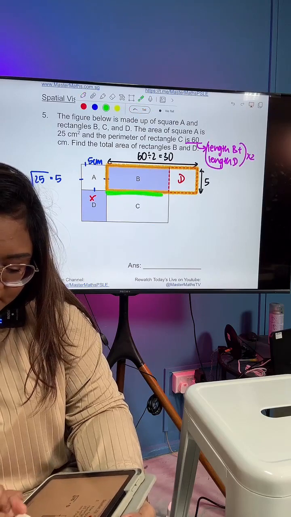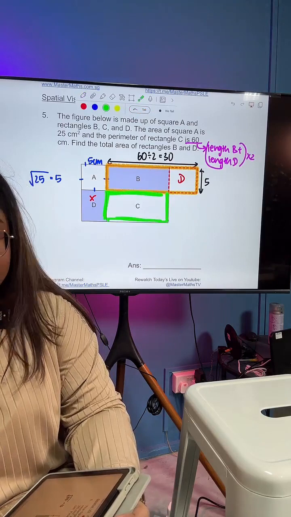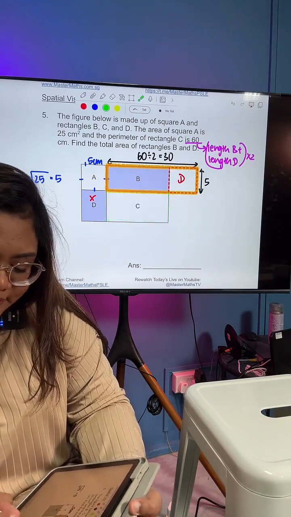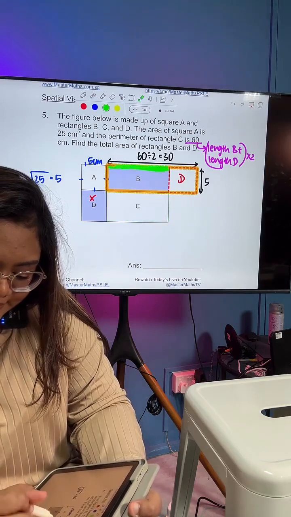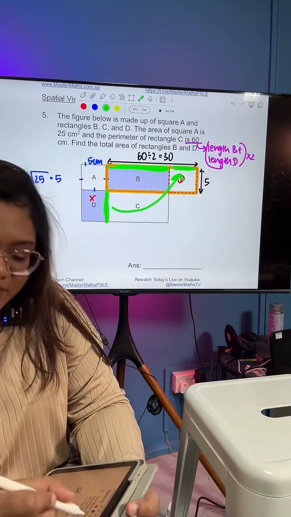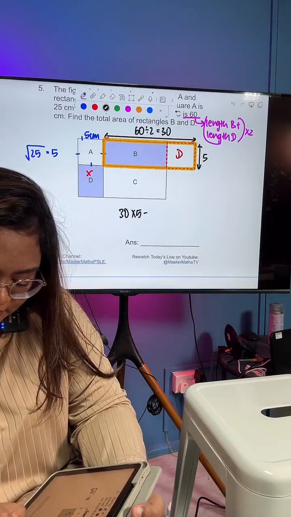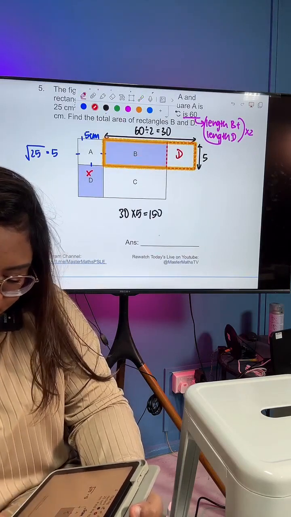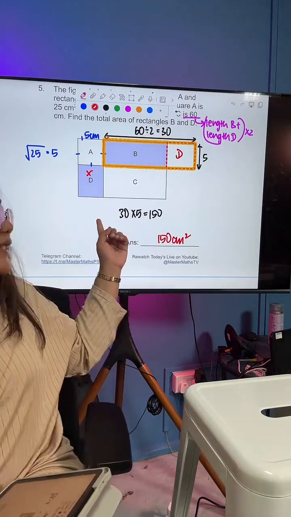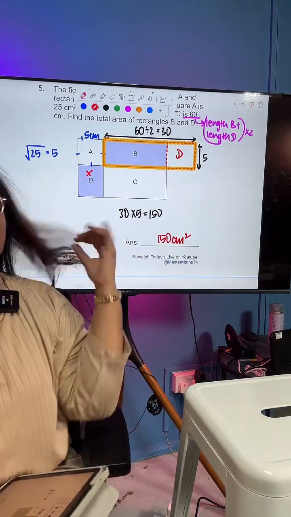Everybody understand? That's how we got 30 over here. Then 30 times 5 is my answer: 150 cm square. So this is an example of cut and paste to form a long rectangle.